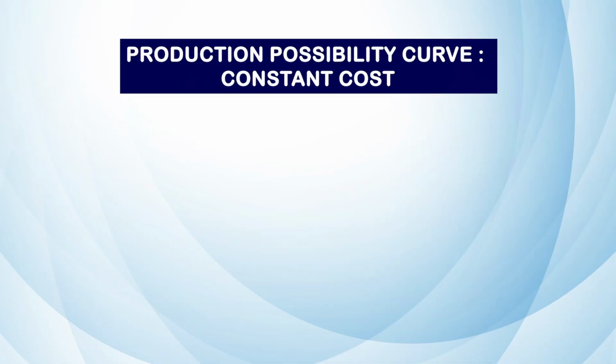Now the question is, along this line, the moment I am on the line, this means the entire resources of the economy are completely exhausted. Exhausted means there is full employment.